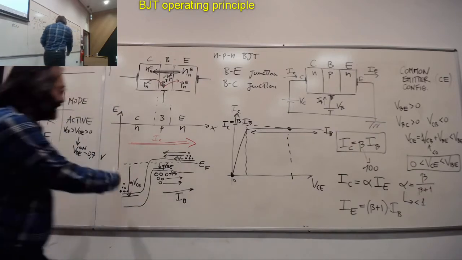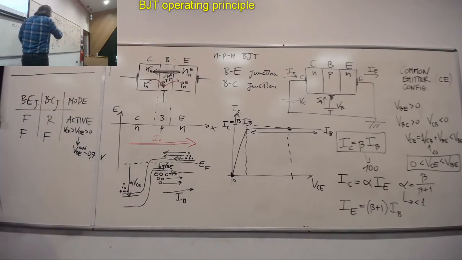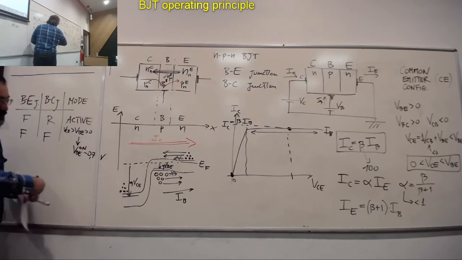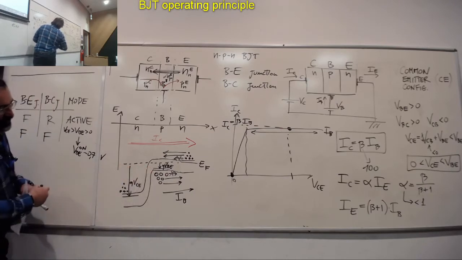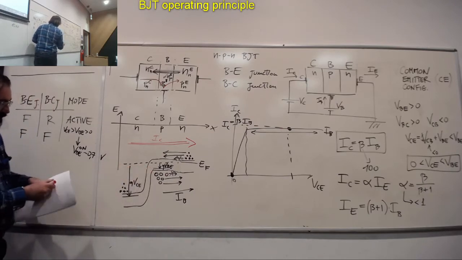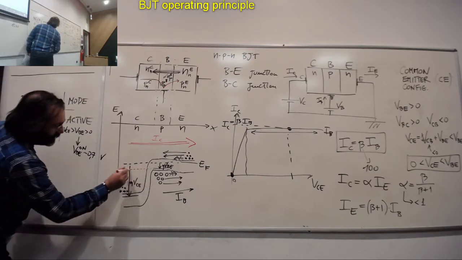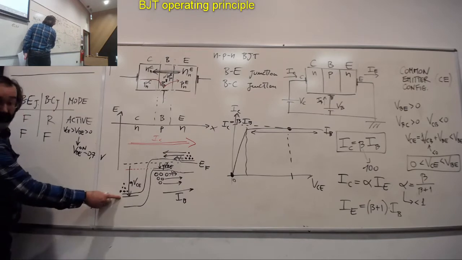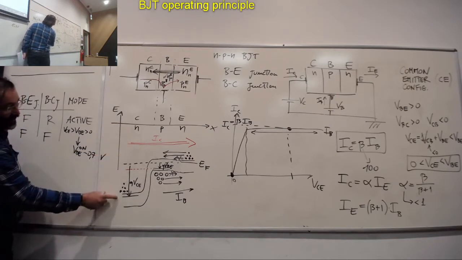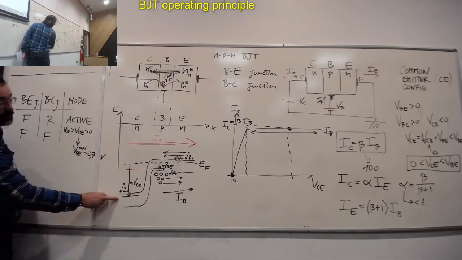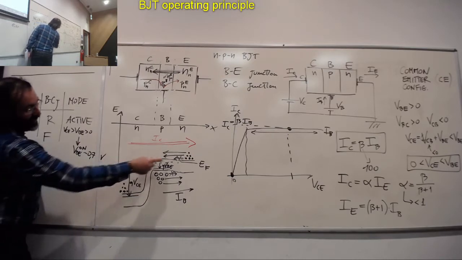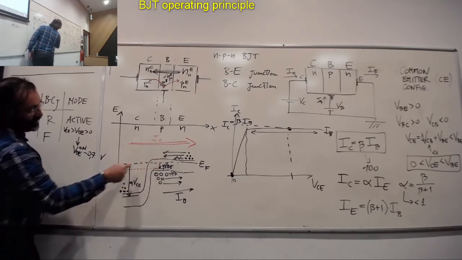So on the diagram, where does it sit? What is happening on the diagram? So VB is this value here. So really, I need to bring the Fermi level of the collector in between the black dashed line and the red.